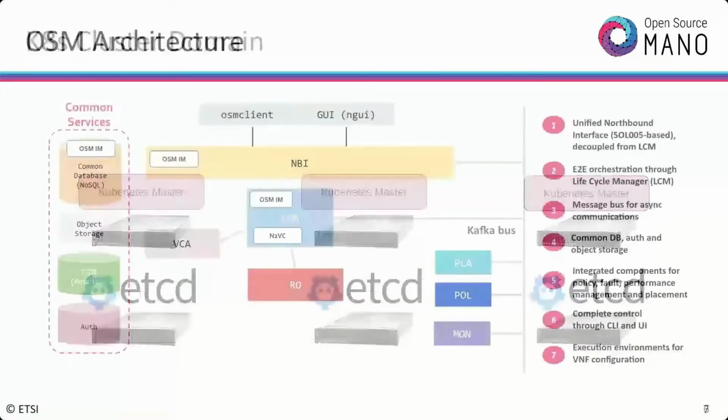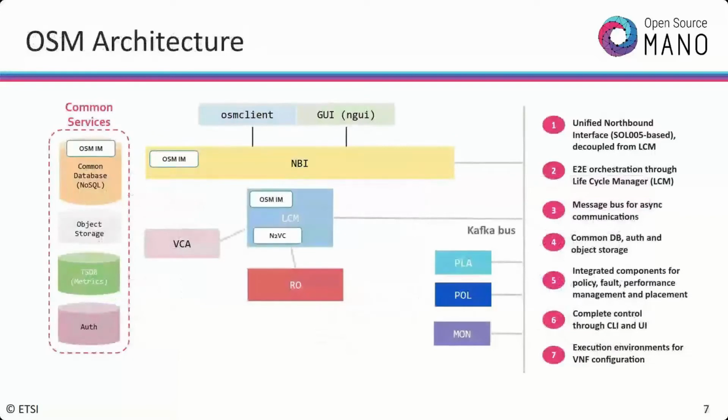So now, the OSM architecture. In terms of fault domains, here we have an overview of the architecture. We have a number of Kubernetes services, or pods, basically, that are going to be running in Kubernetes containers that are running the OSM software itself, and there are some common services that we have over here. On the left side are some databases.